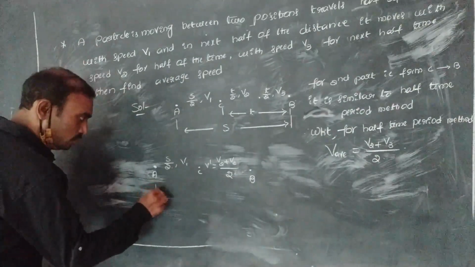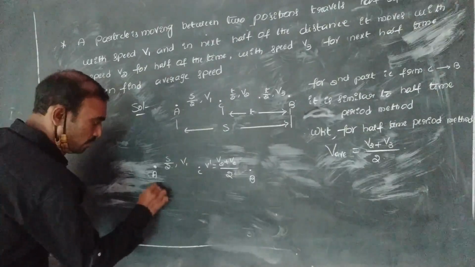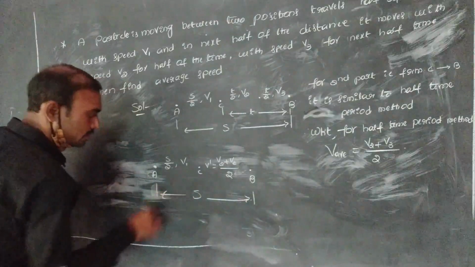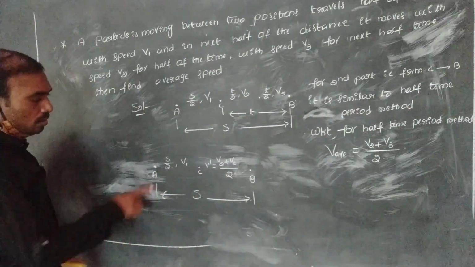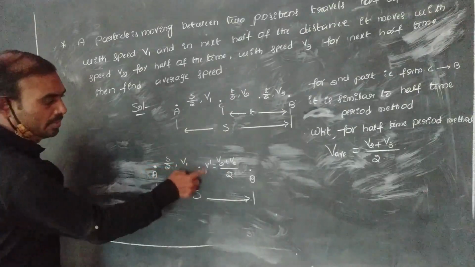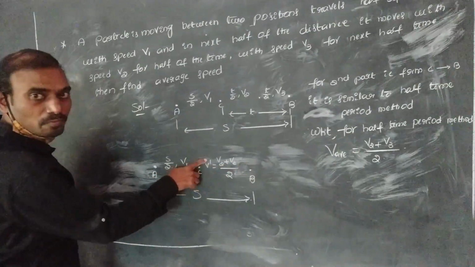Now suppose S is the total distance. Half of the distance with the speed V1, remaining half of the distance with the speed V dash.